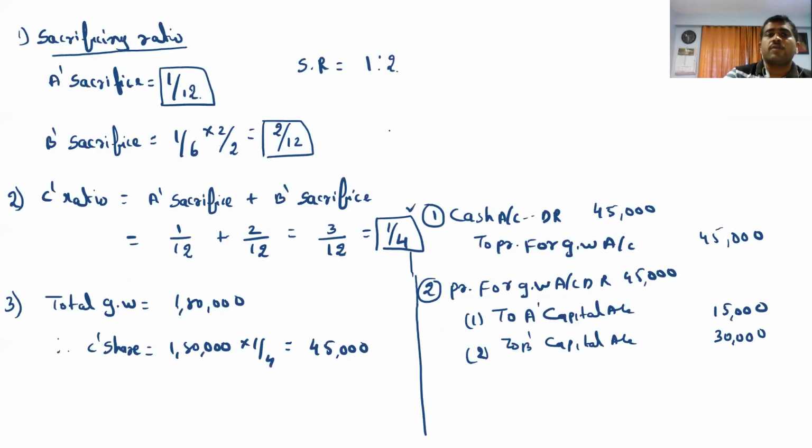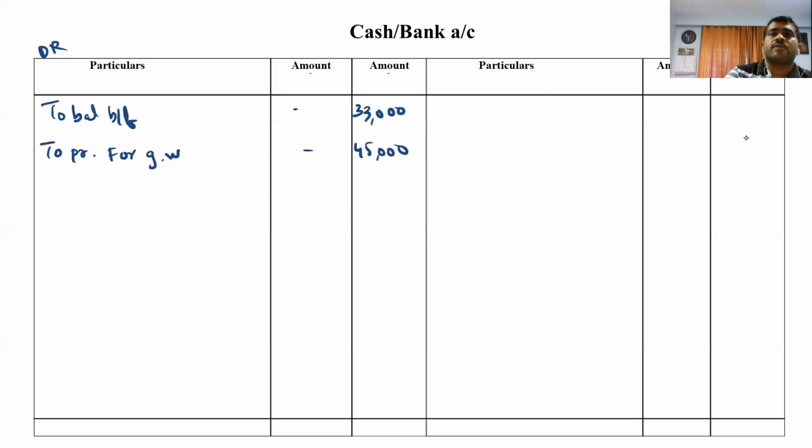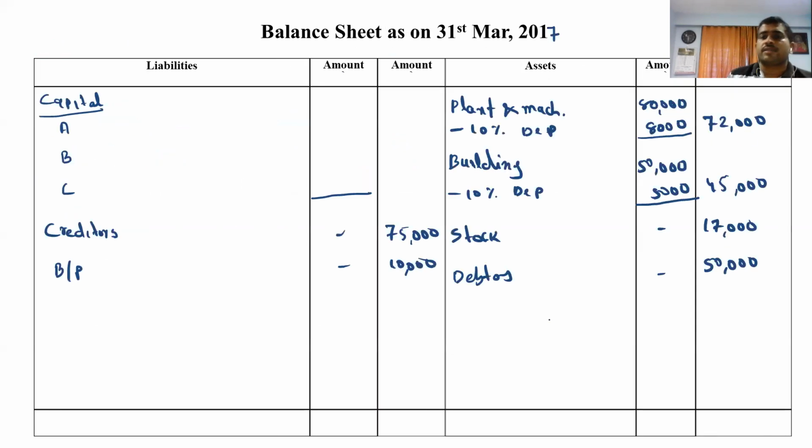So revaluation account credit side, it's a gain, isn't it. So by prepaid insurance, how much? 3,000. And that we have to transfer to the balance sheet asset side. Prepaid insurance, 3,000. Clear? So here the topic is completed.